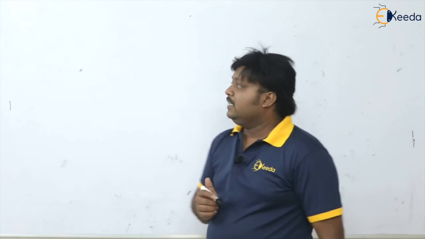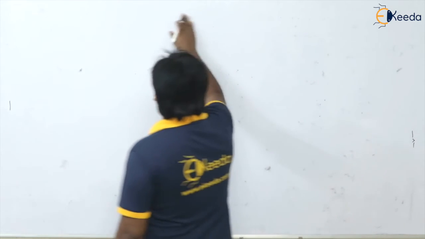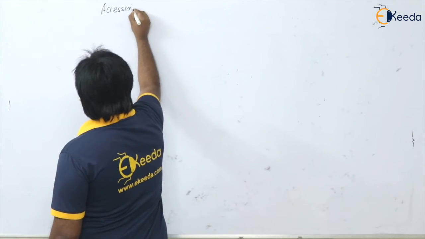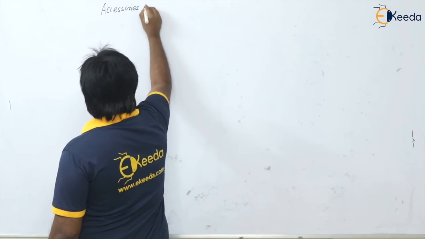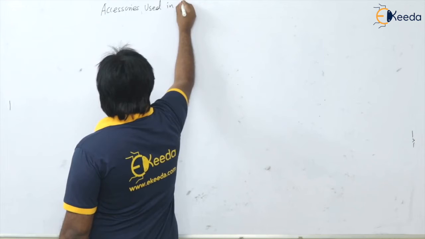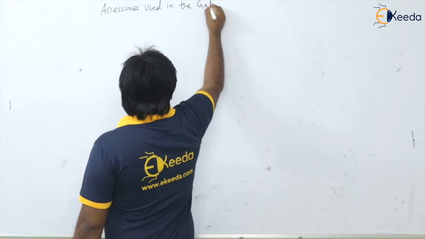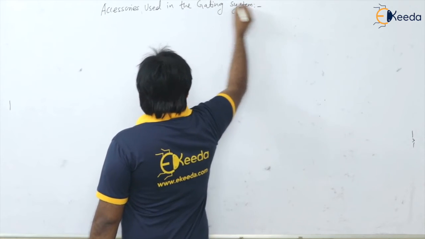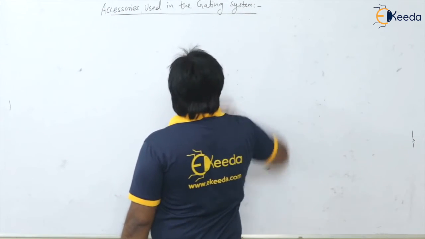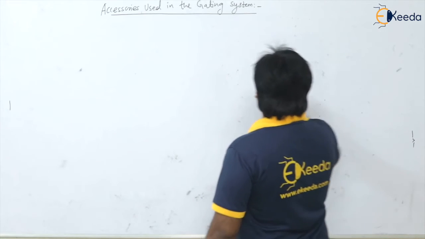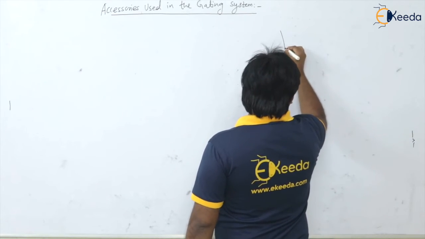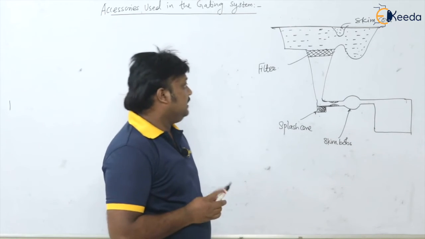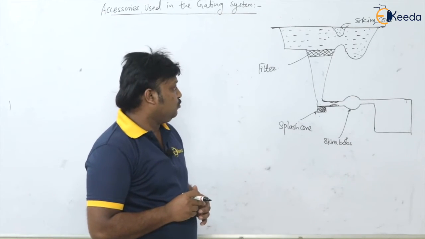Now students, let us see what are the accessories used in the gating system. Okay, so if you look at the gating system, students, as we can see here, there are certain accessories I have shown here.